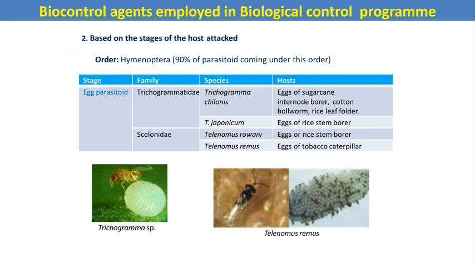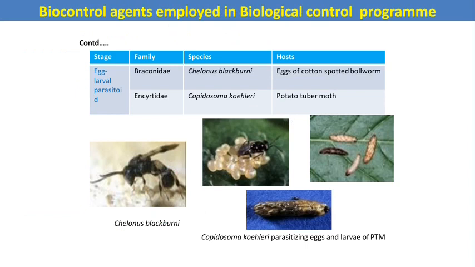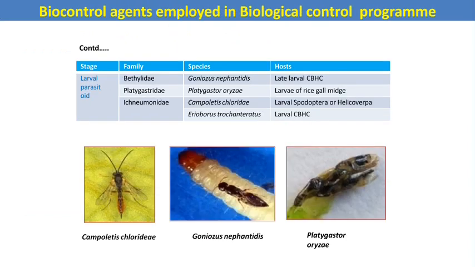Here Telenomus is also one of the new egg parasitoids against the Lepidopteran caterpillar. Then Chelonus blackburni is a parasitoid for the cotton spotted bollworm, and Copidosoma koehleri for the potato tuber moth. Then Goniozus nephantidis is the larval parasitoid against the larvae of the black-headed caterpillar. Platygaster oryzae against the rice gall midge.